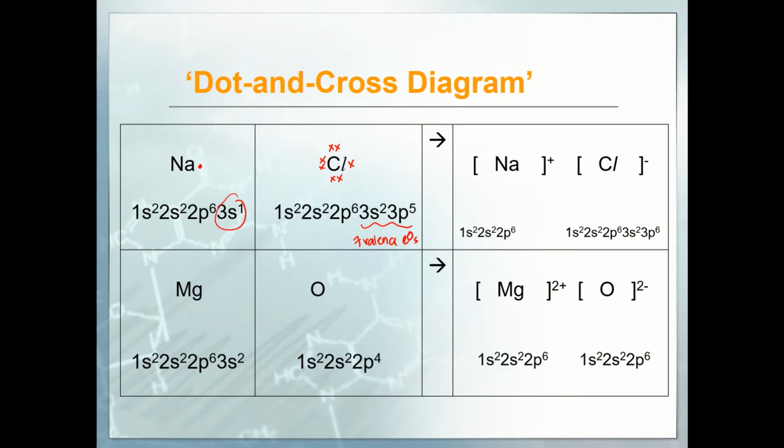And the chlorine atom now has 8 valence electrons.